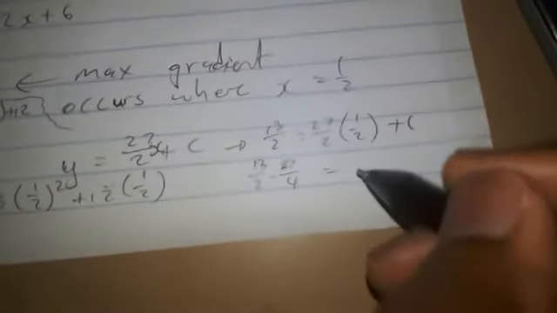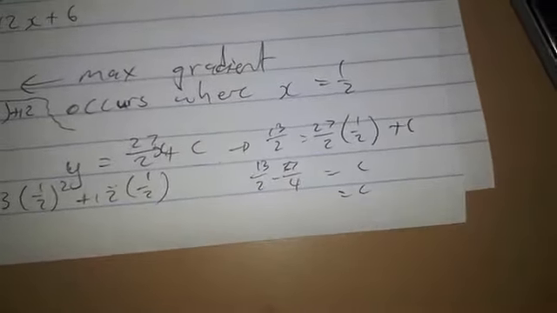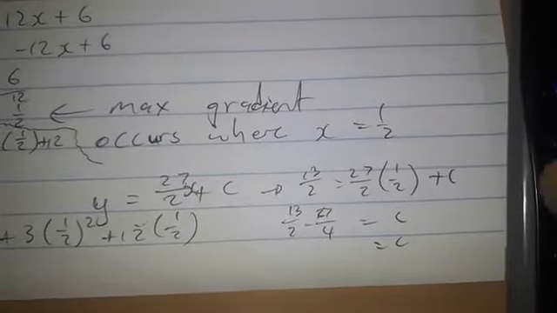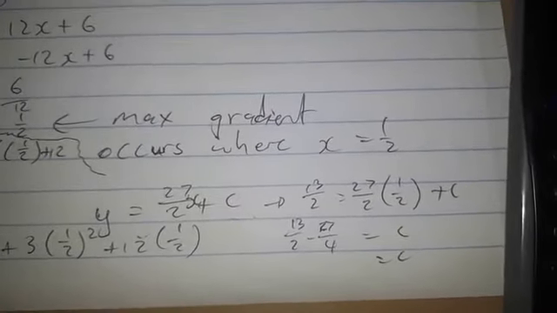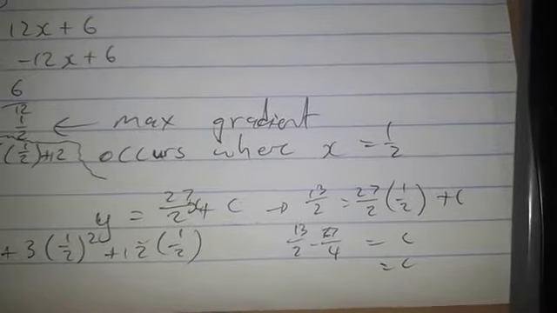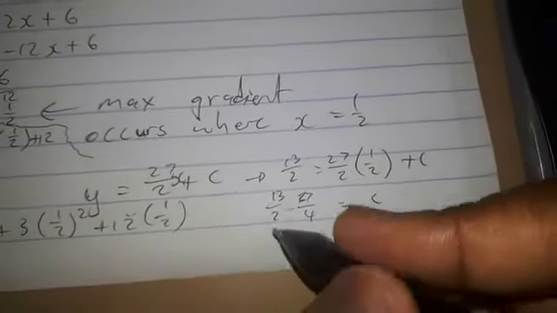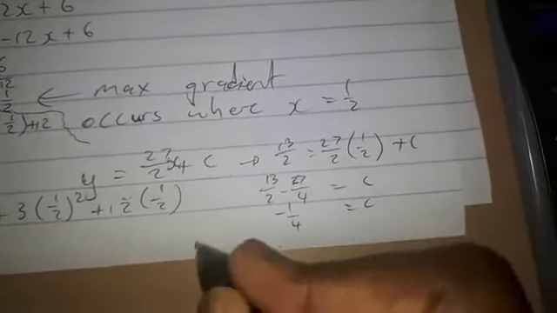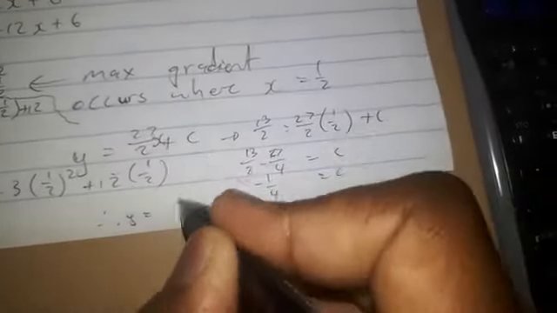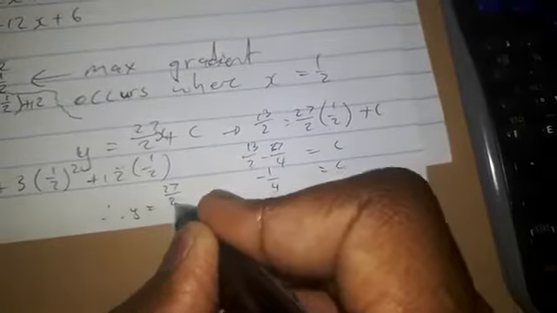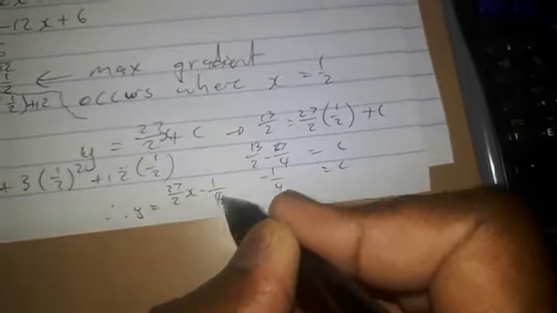Then this is C. Our C value is 13 over 2 minus 27 over 4, which is -1/4. Therefore, y is equal to 27 over 2x minus 1/4.